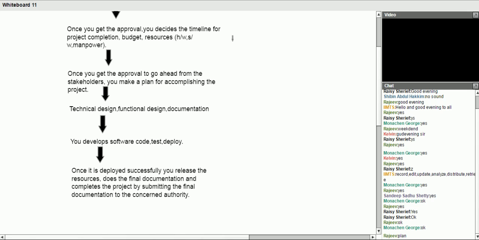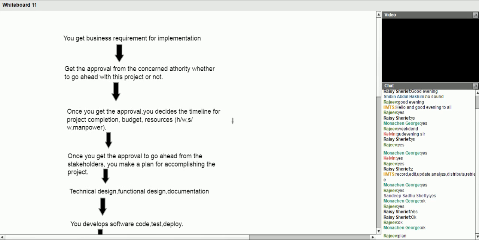So this is a project management process. This is how you move while developing a project.